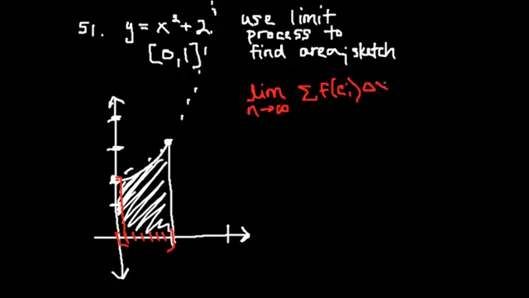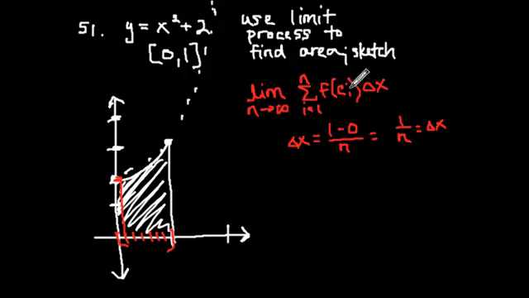And then we're also going to have to determine a delta x. So delta x, once again, how you find that, it's our b minus our a, so 1 minus 0, all over how many pieces are we separating this into? Well, we're not fixing it at any certain amount. We're going to leave that open because we're going to let that number that we're dividing this interval into go towards infinity. So what we have is our delta x is equal to 1 over n.